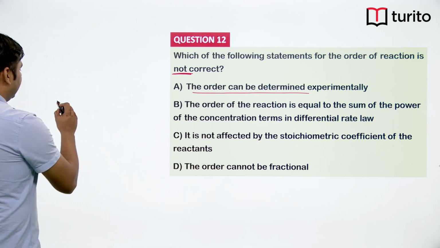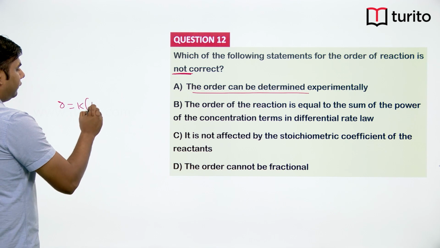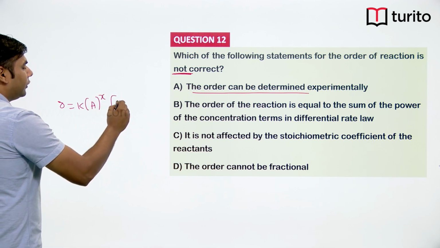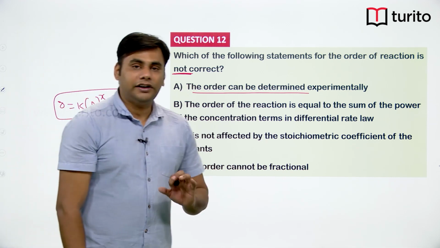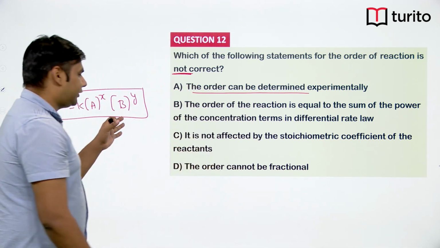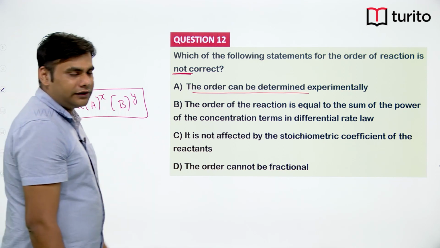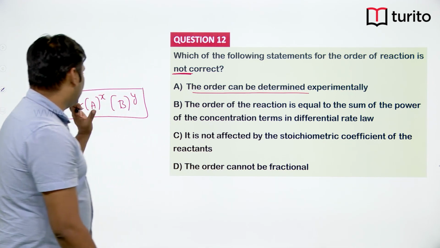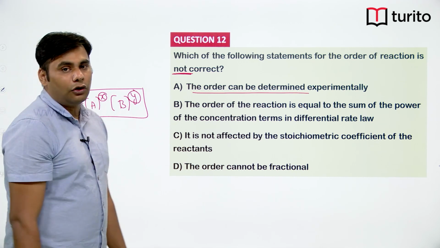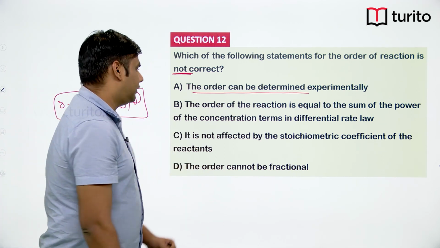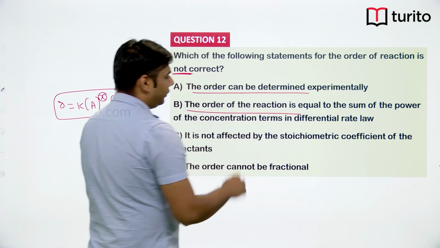We say that rate equals k into concentration of a raised to power x into concentration of b raised to power y. So the order with respect to a is x and with respect to b is y, and the overall order is x plus y. Overall order is the sum of the powers to which the concentration terms have been raised, so this is also a correct statement.